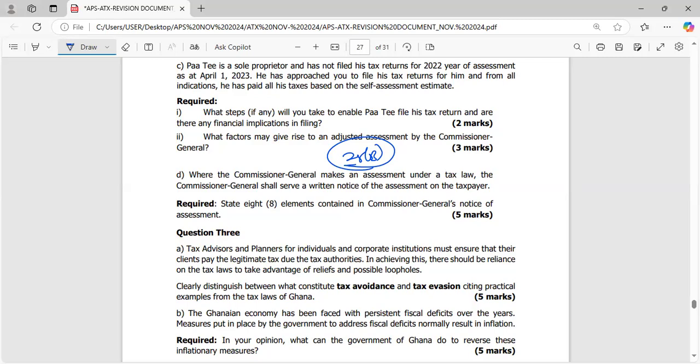State 8 elements contained in the Commissioner General's Notice of Assessment. When the Commissioner General makes an assessment, what are the things that will be contained in the Notice of Assessment?